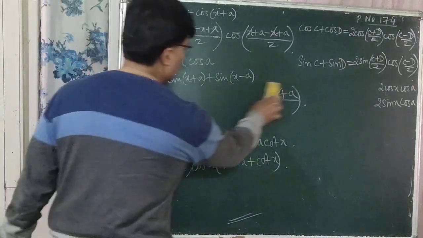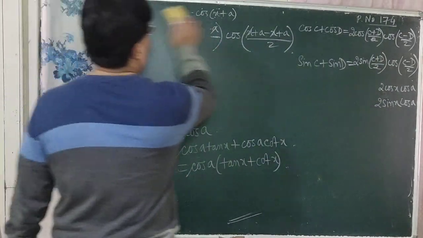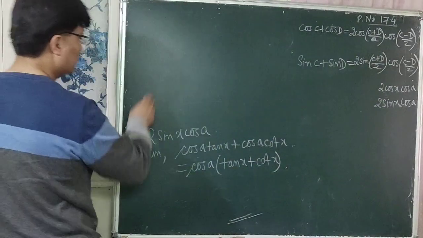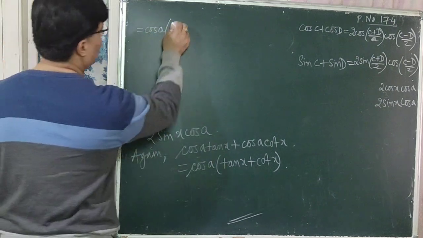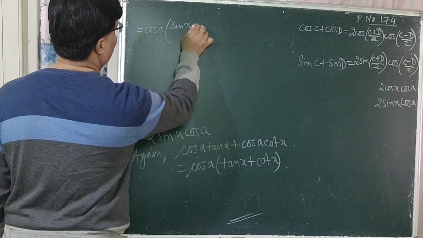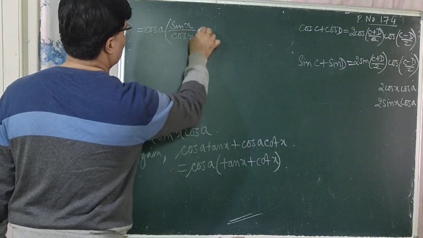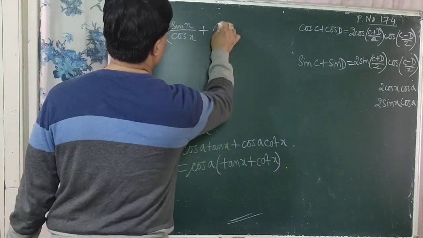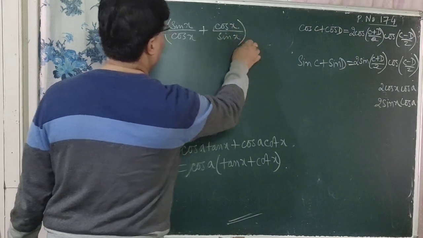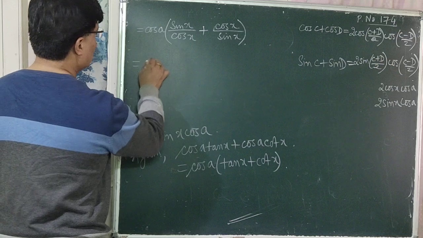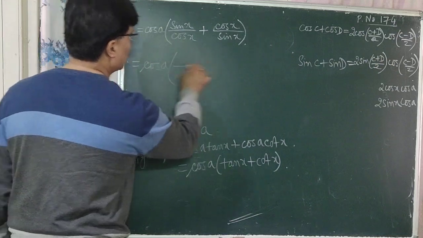So let us simplify it now. Which is equal to cos a. What is tan x? You know that sin x by cos x plus what is cot x? It is cos x by sin x, right? So which is equal to cos a within bracket, what's the LCM?